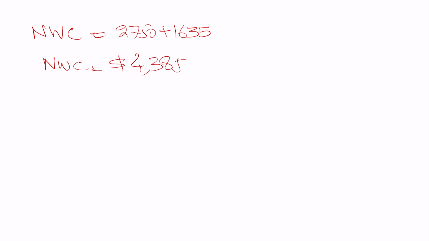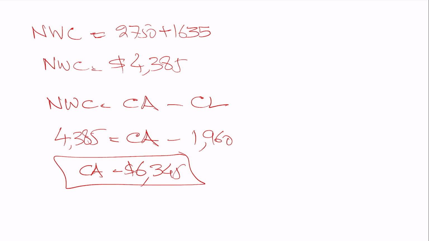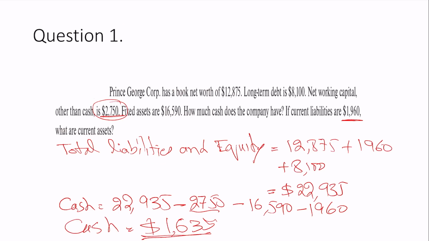We know that net working capital is equal to current assets minus current liabilities. So 4,385 is equal to current assets minus current liabilities of 1,960. So current assets altogether is $6,345, including cash. So in this question, we needed to find two things: one is cash and the other one is current assets.